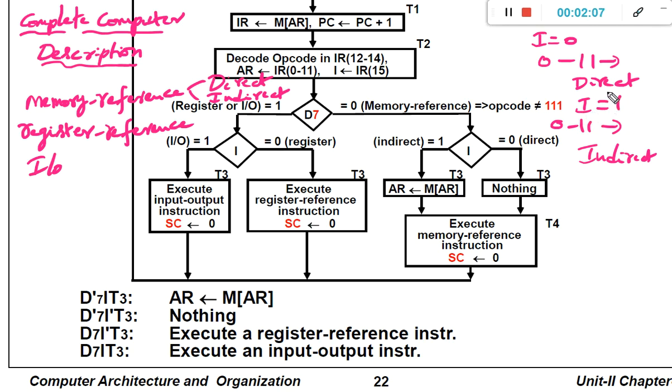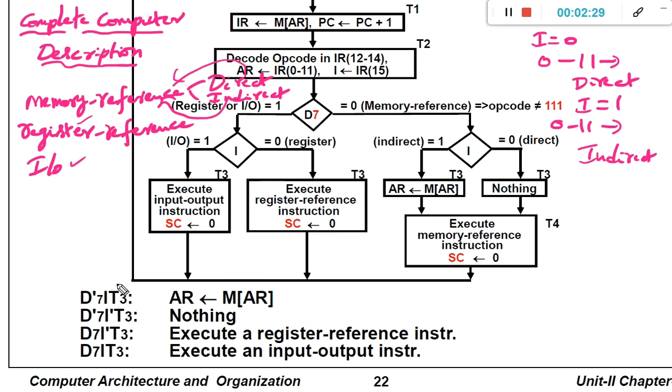Based on these values, now we need to determine the direct memory reference instructions, the indirect memory reference instructions, register reference instructions, as well as the IO instructions. So let us determine the code for these different types of instructions.